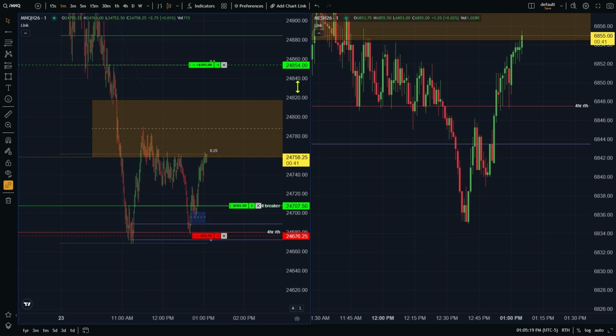Okay, ES is pushing up a little more. Still not an impressive move. Just a slow trickle, slow grind.